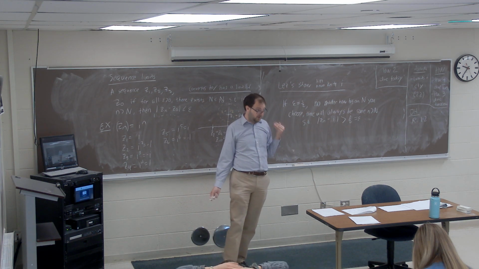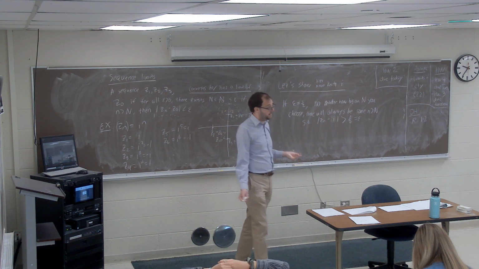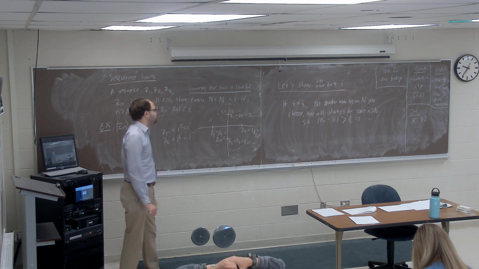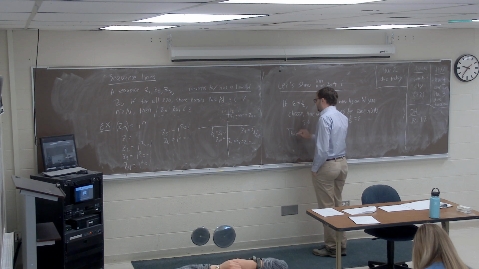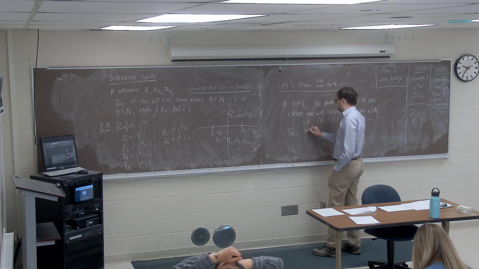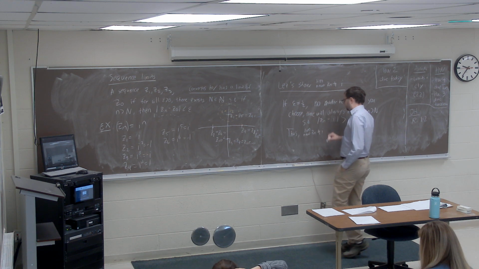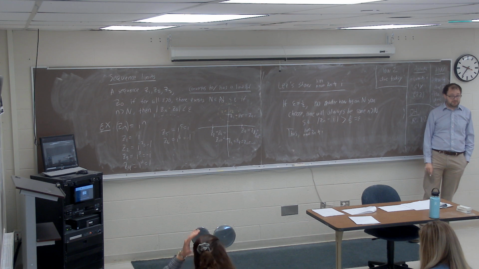No value of big N will satisfy that every term past that point stays within the yellow epsilon disk. And thus we say that the limit of the sequence can't be i, because if it was i, then every epsilon should be able to have a big N associated with it.